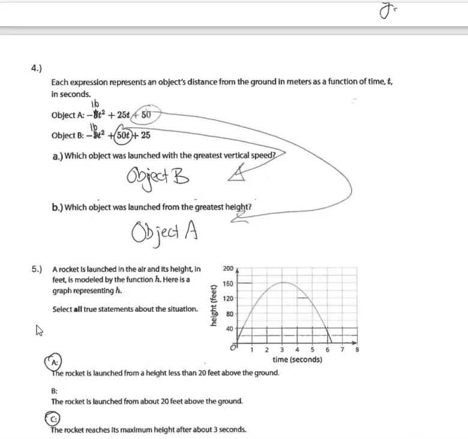And you should know which part that is. That is the part that has just the t, not the t squared. So it's 25 versus 50. So B is correct. And the next one says which object was launched from the greater height. And that would be the constant value. You're comparing 25 with 50 again, the last number though, so 50.